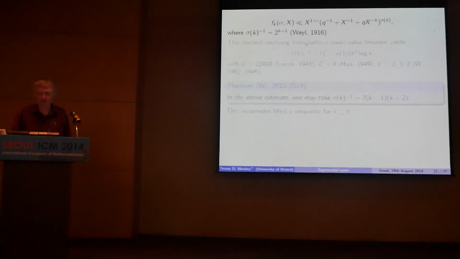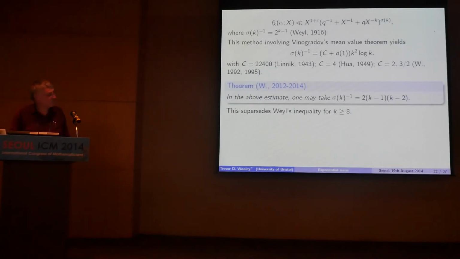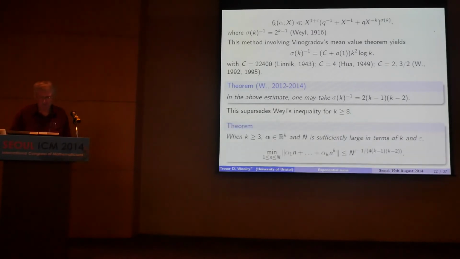I can extract from that a bound which replaces the exponent 2 to the 1 minus k by something like 1 over a constant times k squared log k. And now with the new work, a constant times k squared log k is replaced by 2 times (k minus 1)(k minus 2) for k at least 3. So this supersedes Weyl's inequality even for quite small values of k.